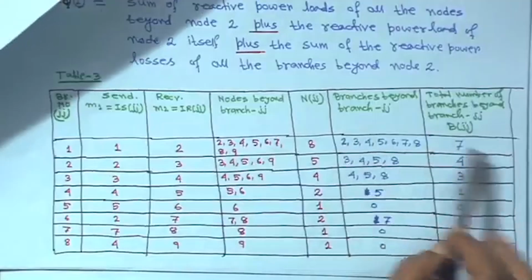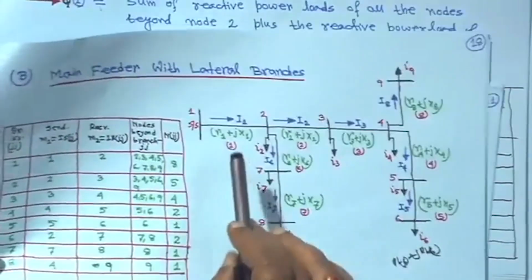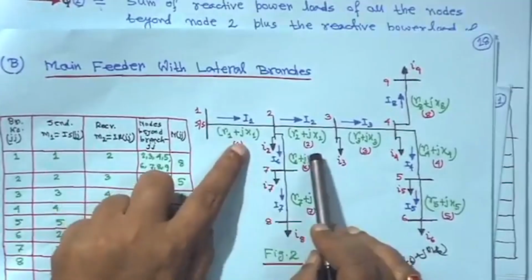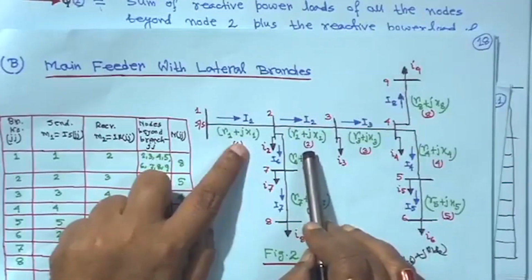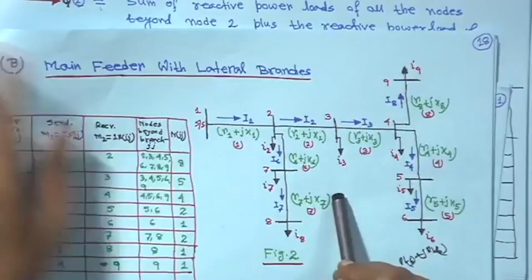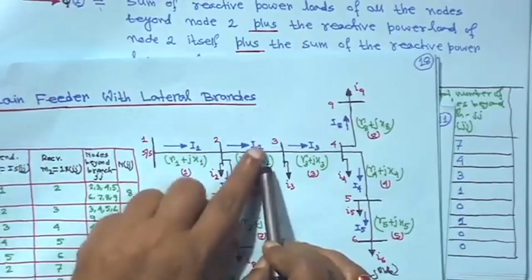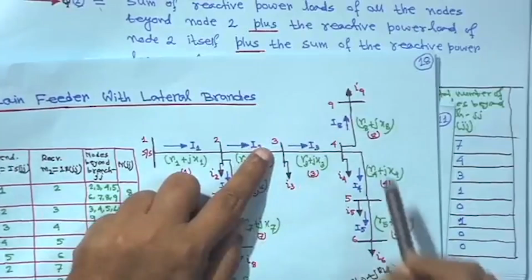So, for example, branches beyond branch JJ: when branch JJ is equal to 1, these are the branches beyond, in red color, 2, 3, 4, 5, 6, 7 and 8. Then beyond branch 2, what are the branches? Branch 3, 4, 5 and 8.